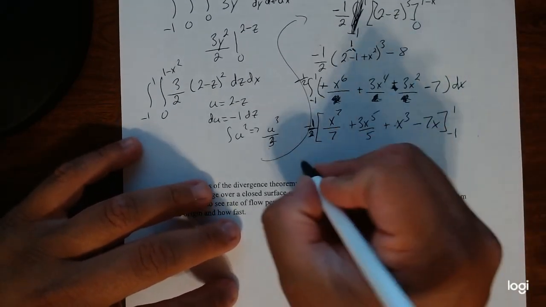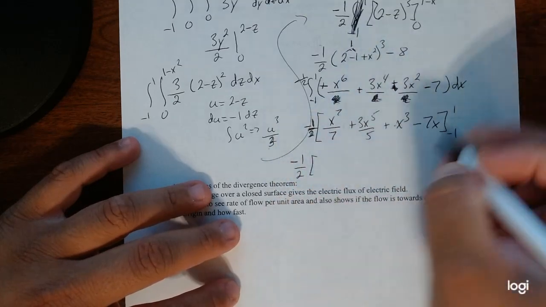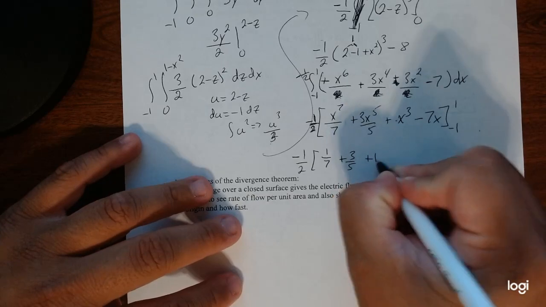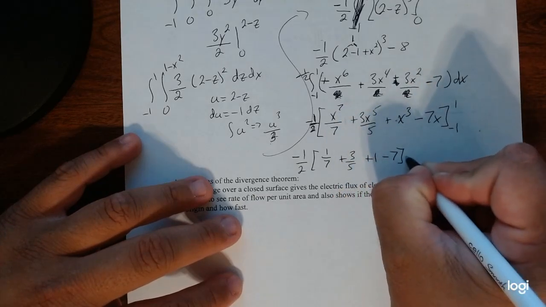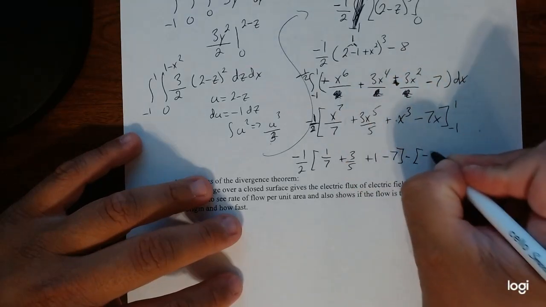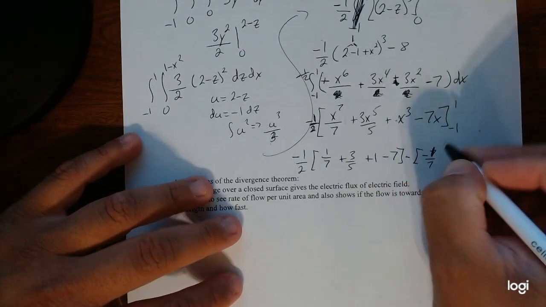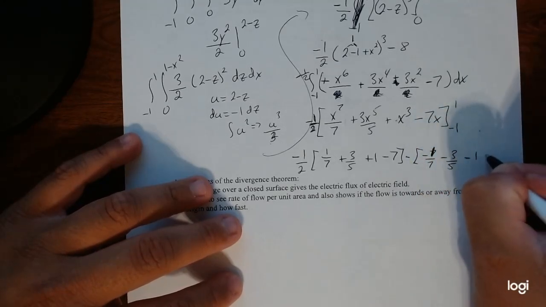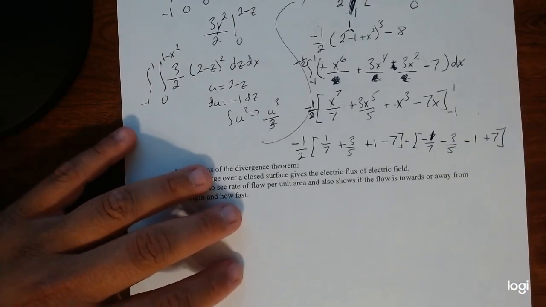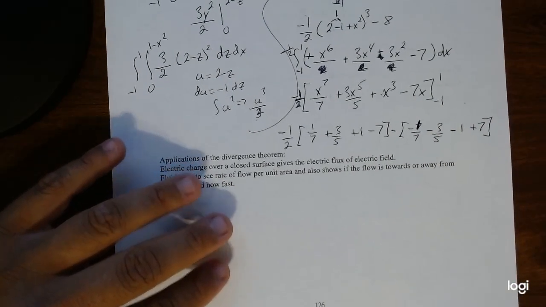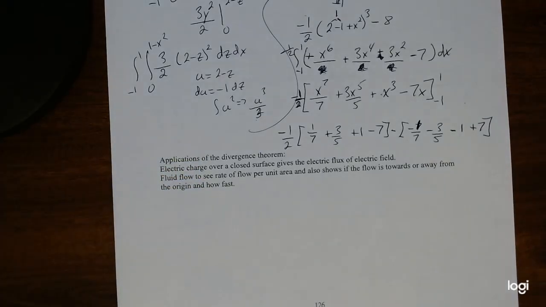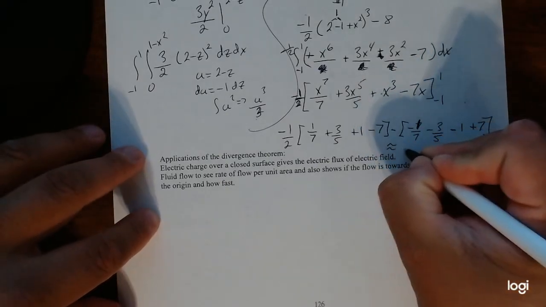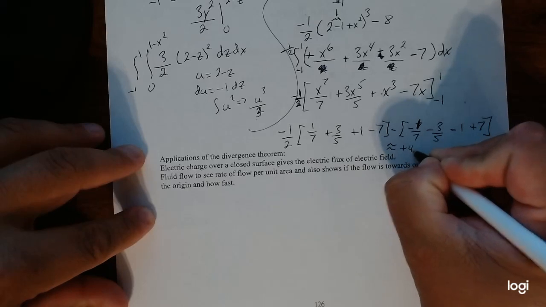So plugging in 1, again, it's negative 1/2 on the outside: 1/7 plus 3/5 plus 1 minus 7, minus plugging in negative 1, gives us that. Okay. So I get something approximately positive 4.7.